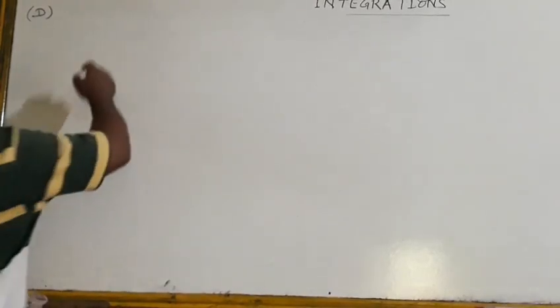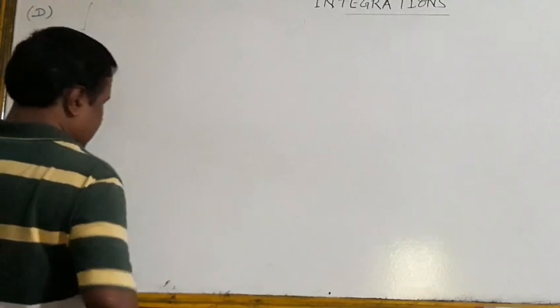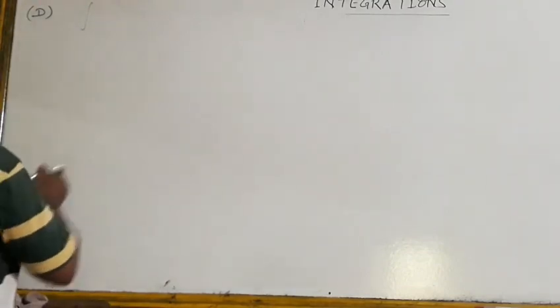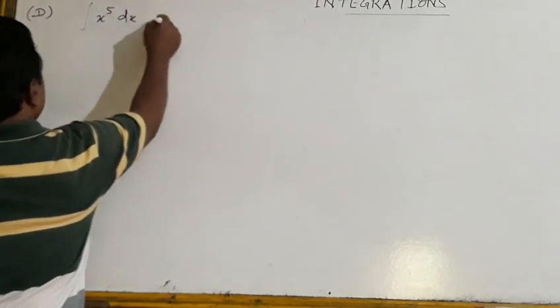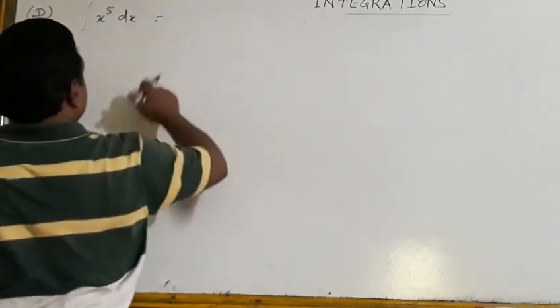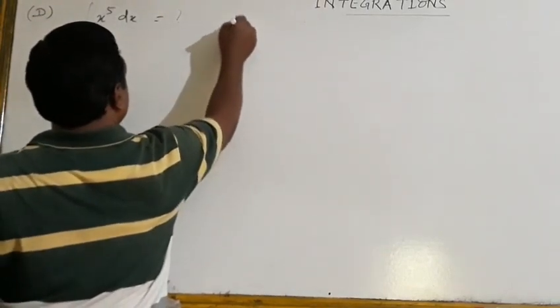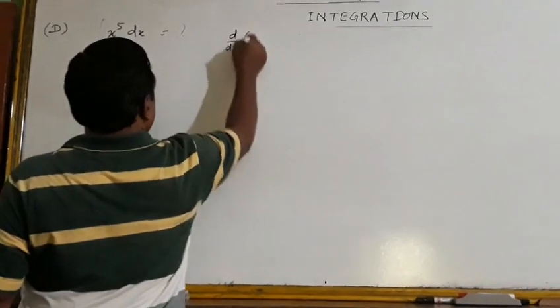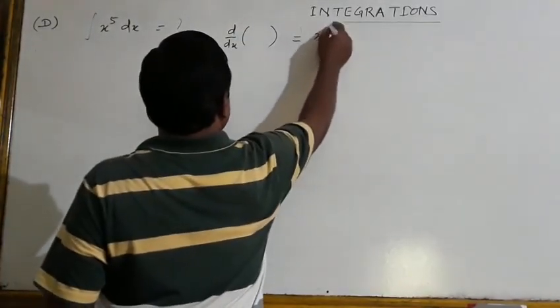Now tell me, what is the integration of x to the power 5 dx? Means you have to tell whose derivative is x to the power 5.